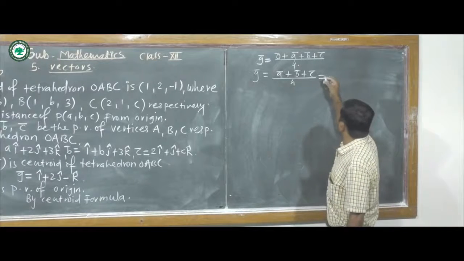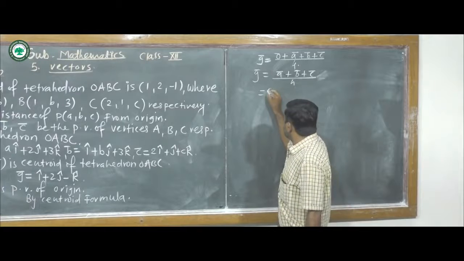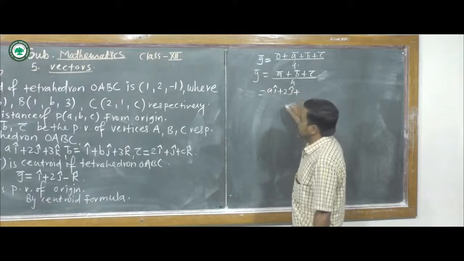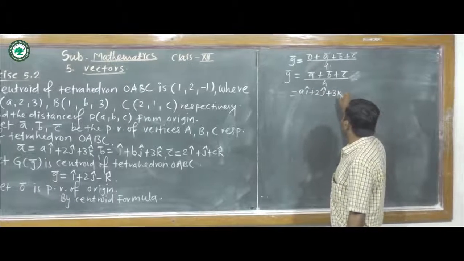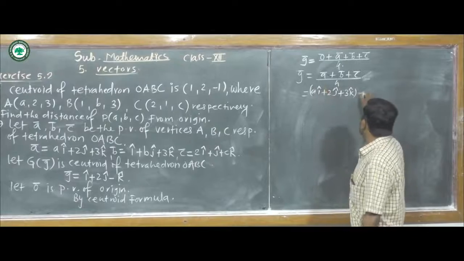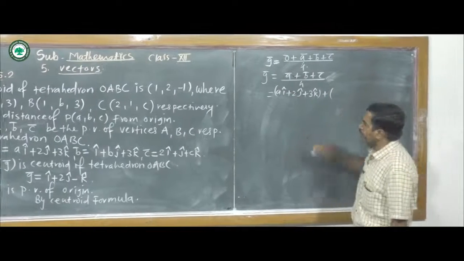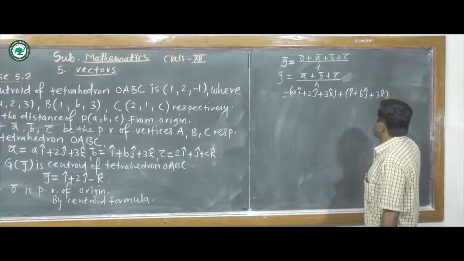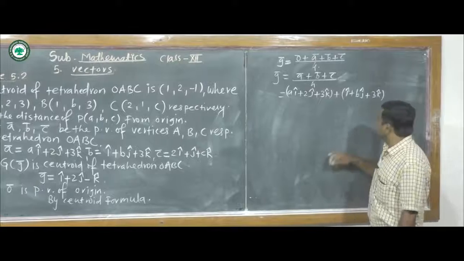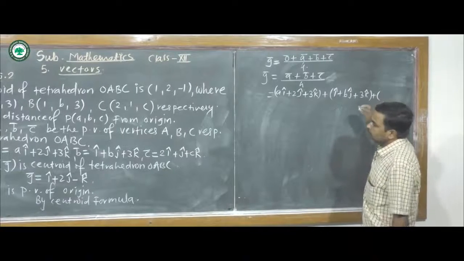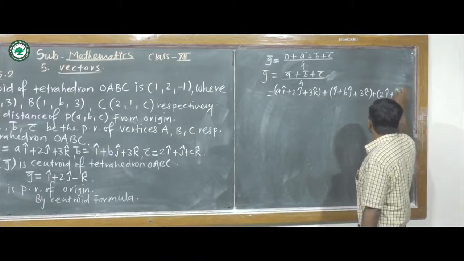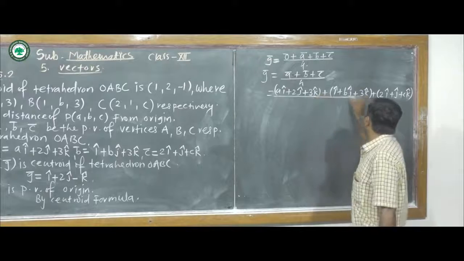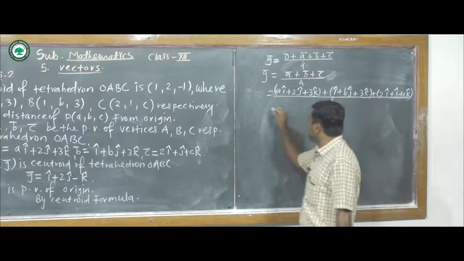A i cap plus 2j cap plus 3k cap. Vector B is i cap plus B into j cap plus 3k cap. C bar is 2i cap plus j cap plus C into k cap, divided by 4.